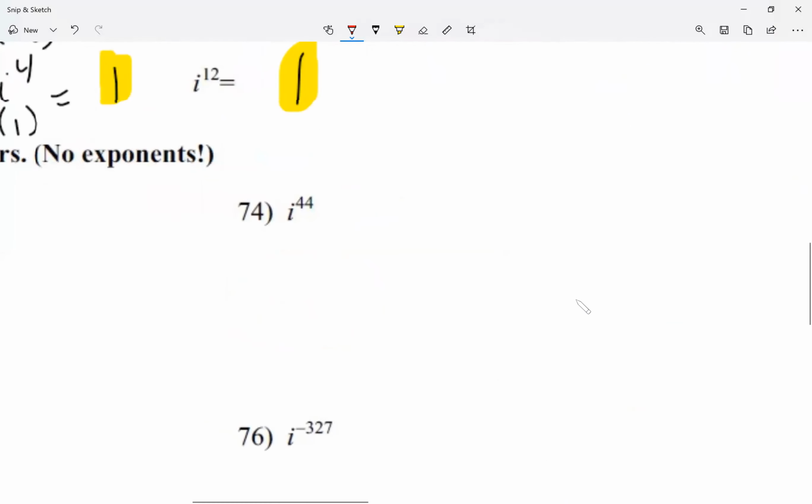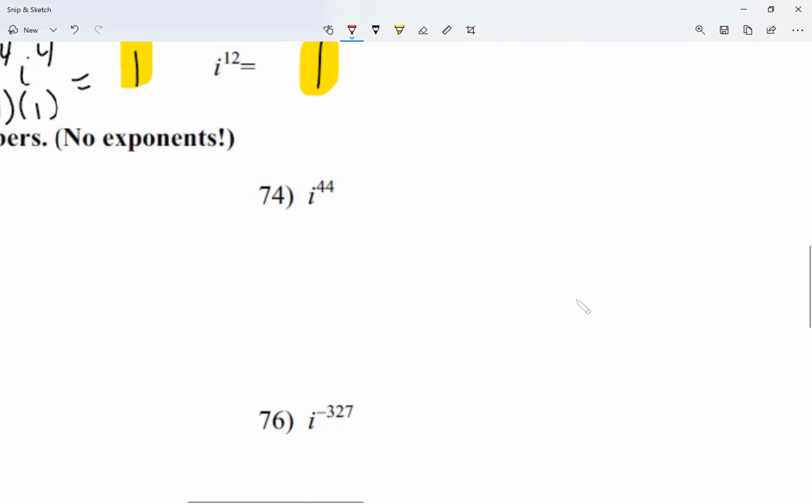All right, let's take a look at 74. Let me subtract a multiple of 4. Let me go 44. That's going to give me i to the 0. I need to have my exponent as either i to the 1, i to the 2, i to the 3, or i to the 4.